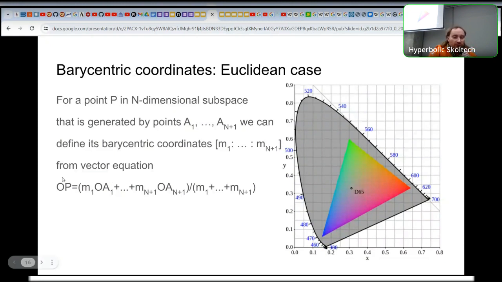We are trying to express vector OP, where O can be an arbitrary point.